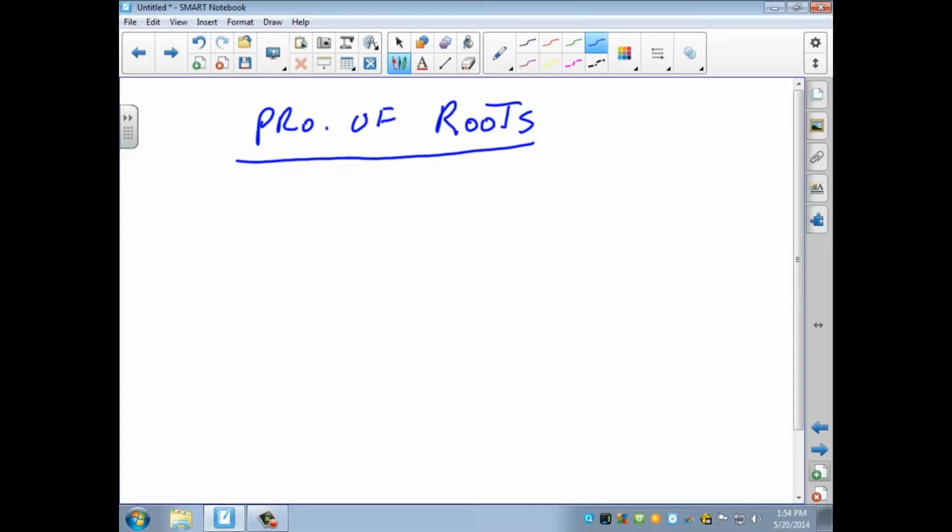The first property says if you have the nth root of a, and that is to the power of n, then that would be equal to a. So the same index as the power would be equal to a.